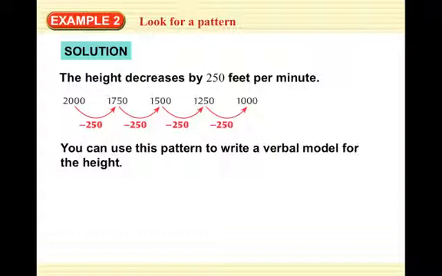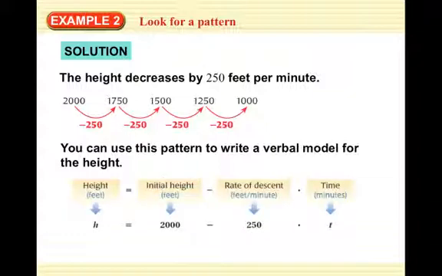So we're going to use this pattern to write a verbal model for the height. You always start with the initial: current height equals, so we've got height in feet. The initial height is the height that the person or object is at time 0. So if you look back at your table at time 0, the paramotorist is at 2,000 feet.